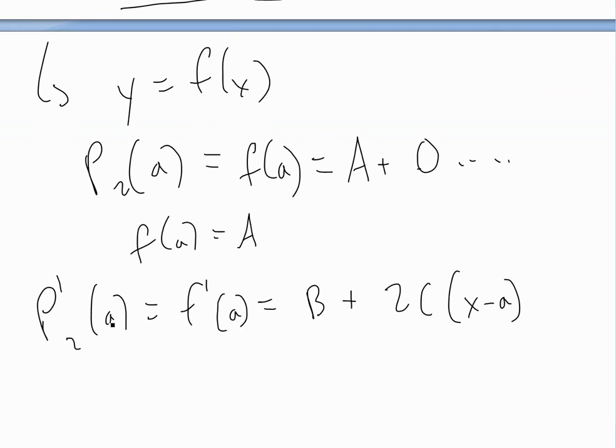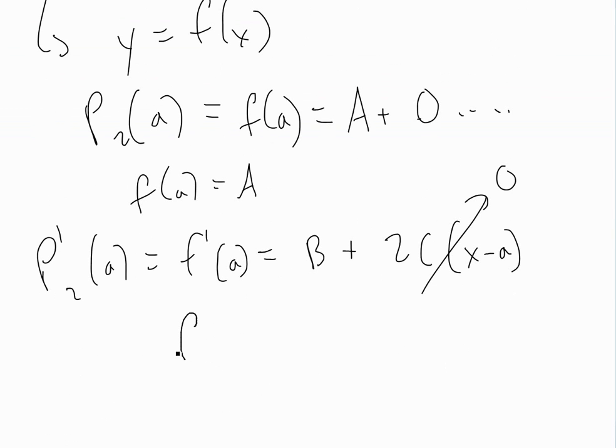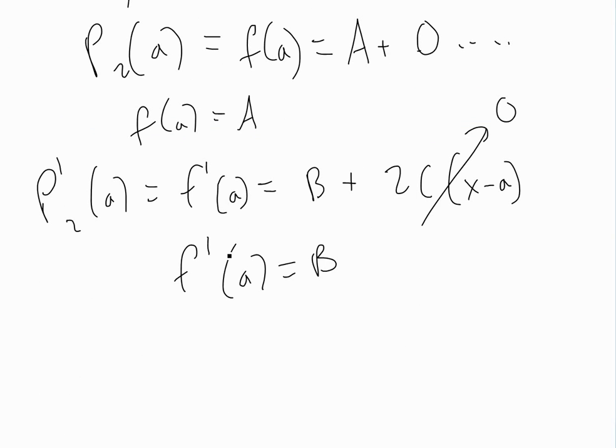And then if we plug in a inside here, this becomes 0. So we're just going to get f prime of a is equal to b. And then similarly for the second derivative, we have f double prime of a equals the derivative of f prime, so the derivative of this one, well, the b just goes away, and we're just left with 2c.